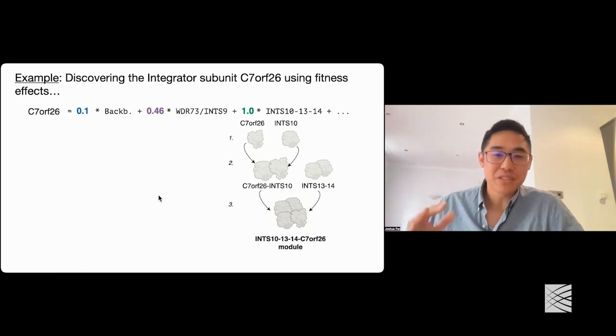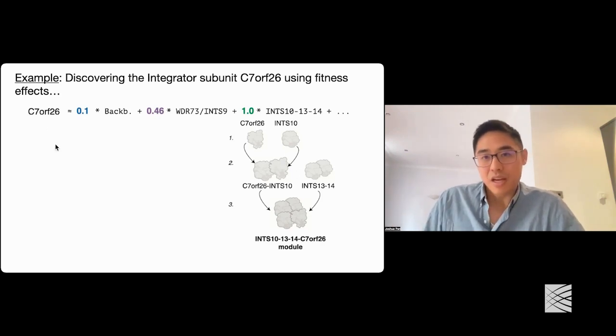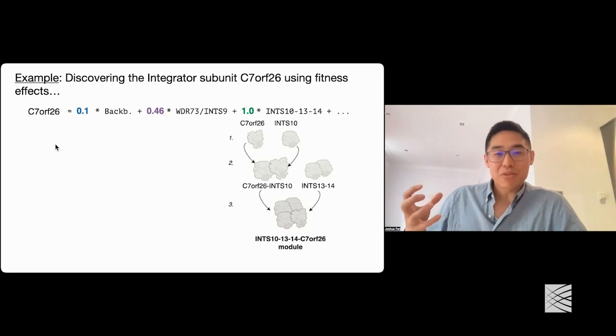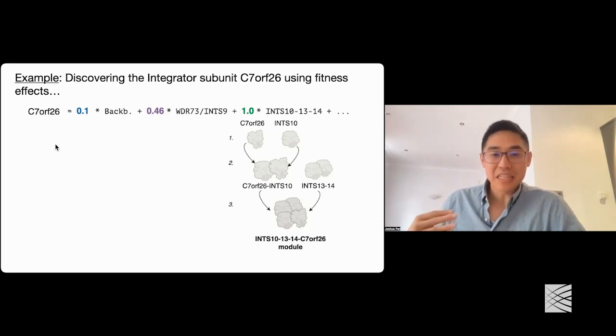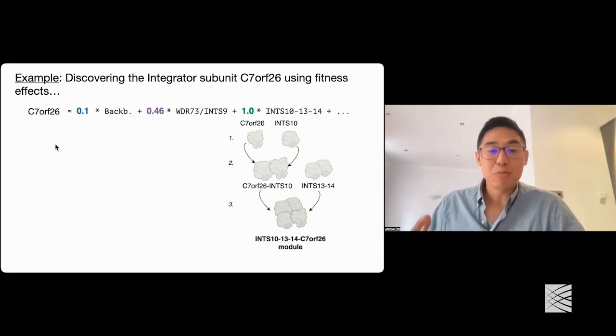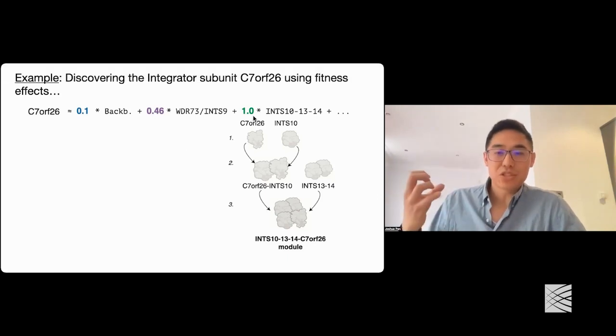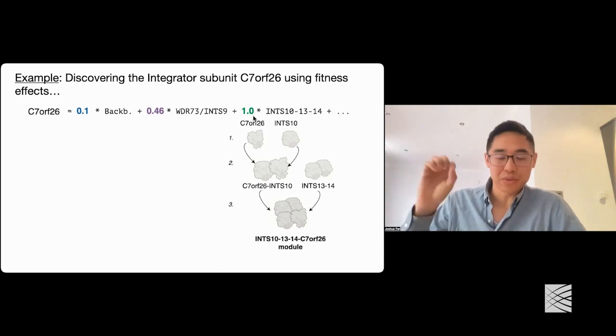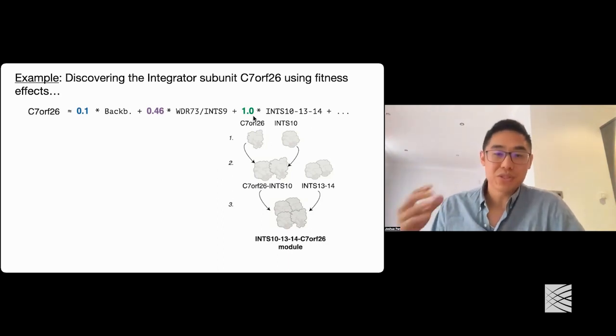I didn't mention this in the talk, but as part of our work, we analyzed a particular protein called C7orf26. Its function at the time was unknown. And we could represent that protein as having an effect on the integrator complex, which is a known protein complex. But in particular, its strongest effect was matched to a very small module within the integrator complex that's composed of 3 of its proteins, 10, 13, and 14.